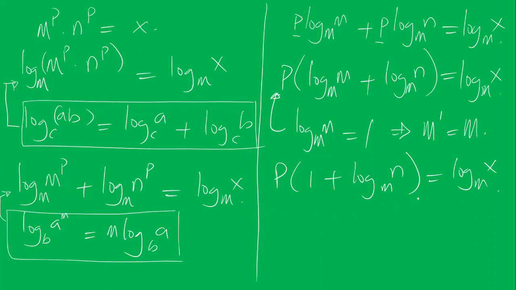Now dividing all through by 1 plus log n base m, you now have p equal to log x base m divided by 1 plus log n base m.